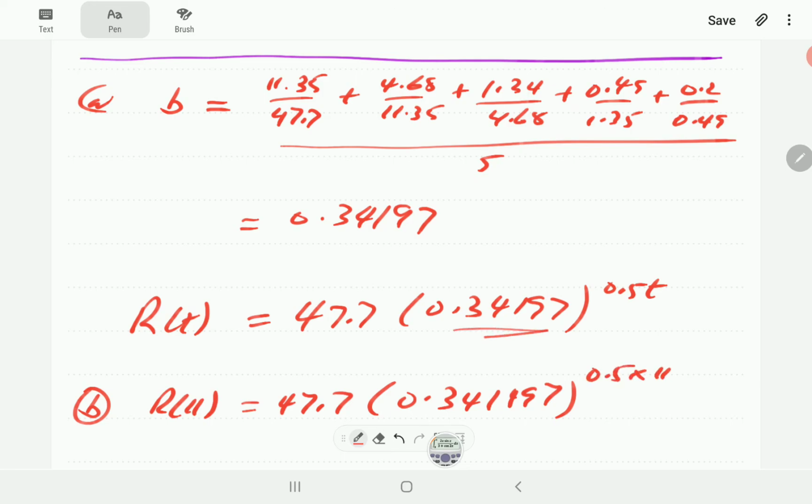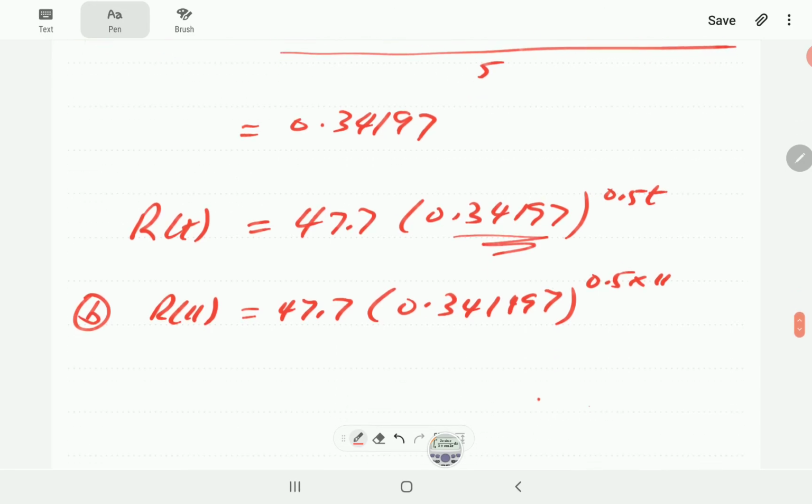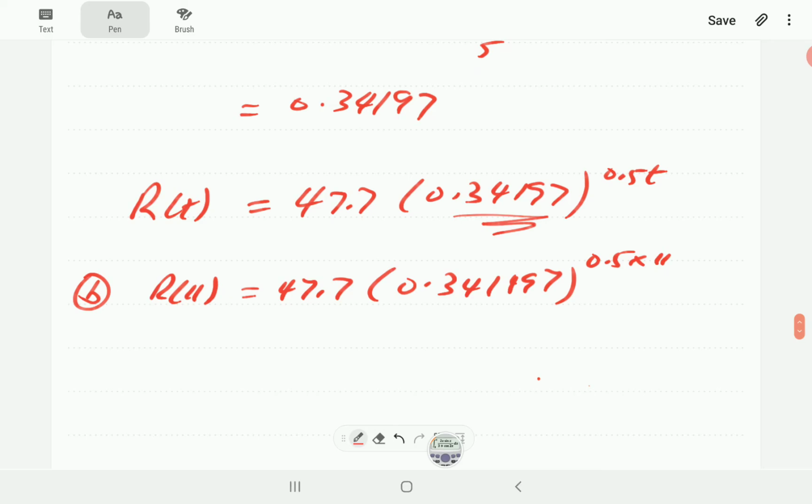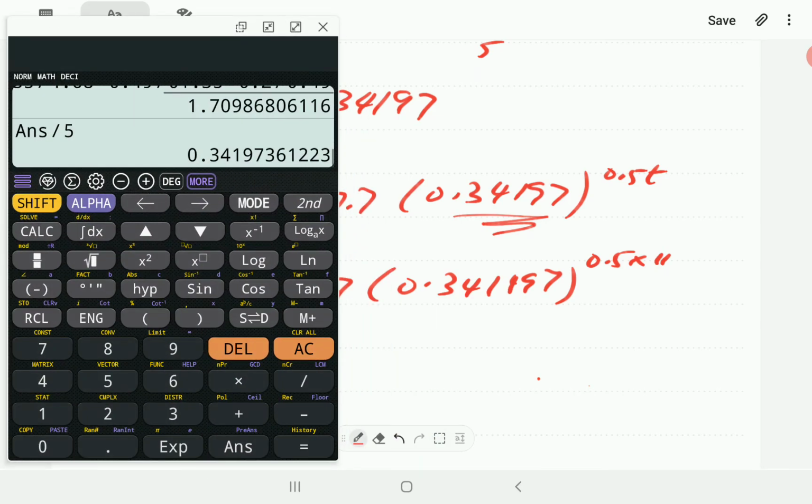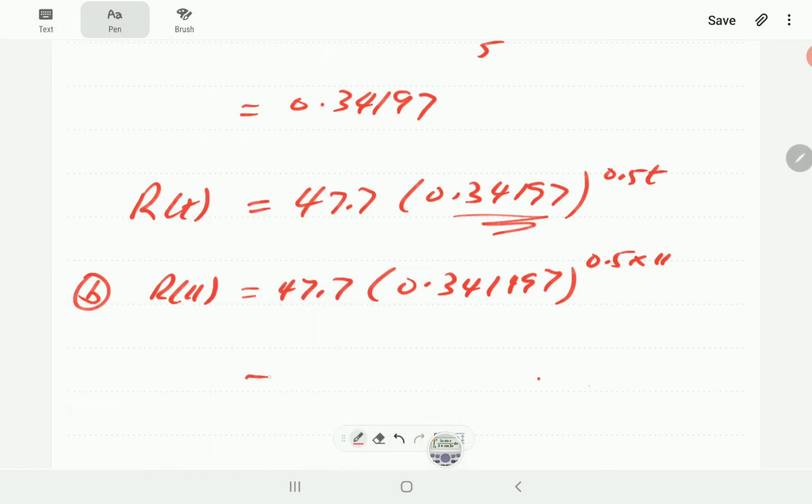If we can use the exact value here from the calculator, then our answer is going to be even more accurate, and that's exactly what we are going to do. Since we still have it on screen, we're simply going to say answer raised to the power 0.5 times 11, and then multiply that by 47.7. So that's going to be 0.13 billion in week number 12. It's going to be $0.13 billion.